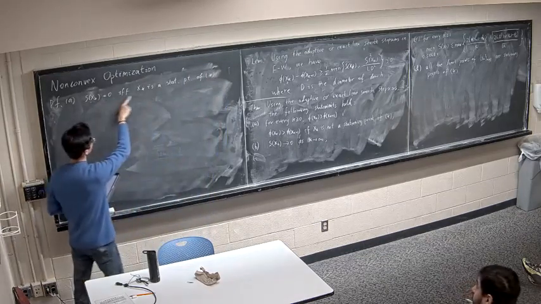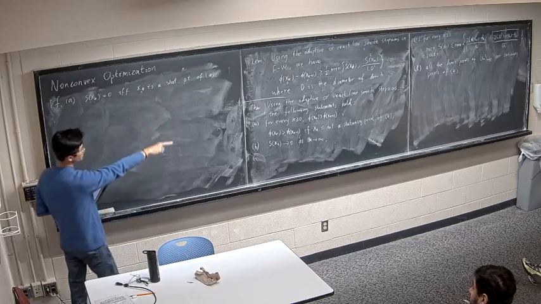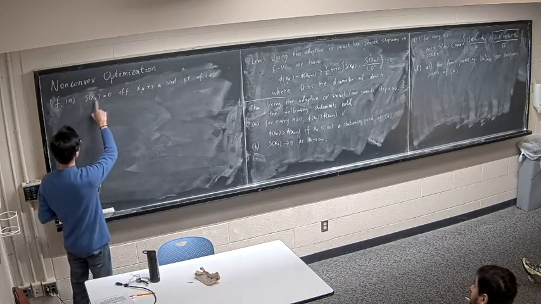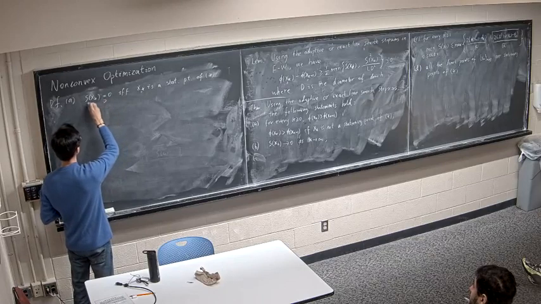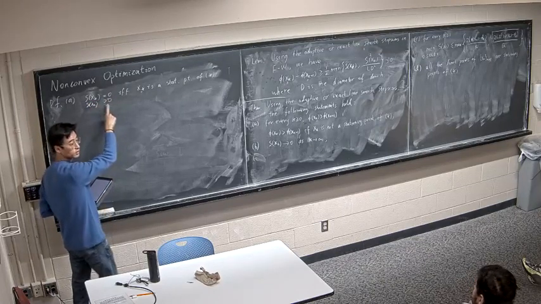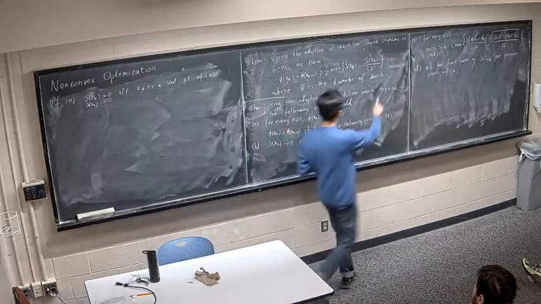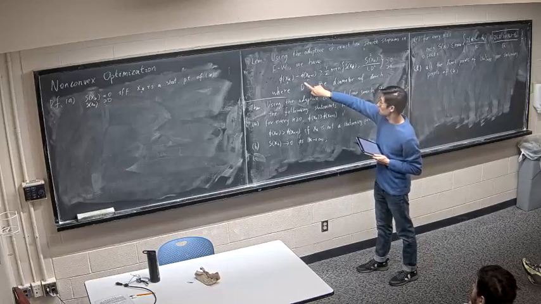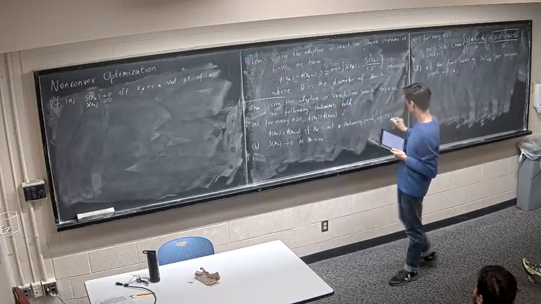Because now we assume that xk is not a stationary point, S of xk is always greater than 0. Right? And hence here we have a strict inequality. And that's why this holds strictly here.